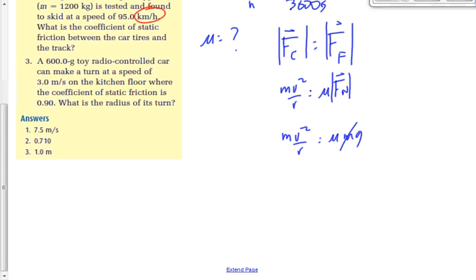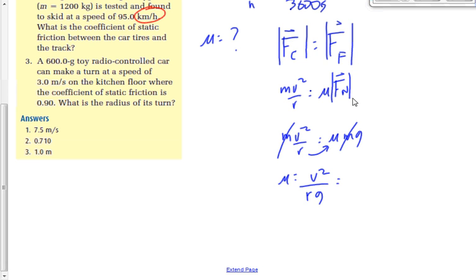The m's cancel, meaning it doesn't really matter that the car was 1,200 kilograms. Taking the r up by multiplying, speed is equal to the square root of mu times g times r. Oh wait, what are we looking for? We're looking for mu, right? So we're going to say mu is equal to v squared over r times g. The g goes down by dividing instead.